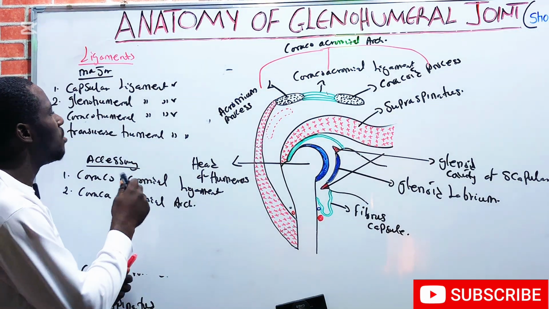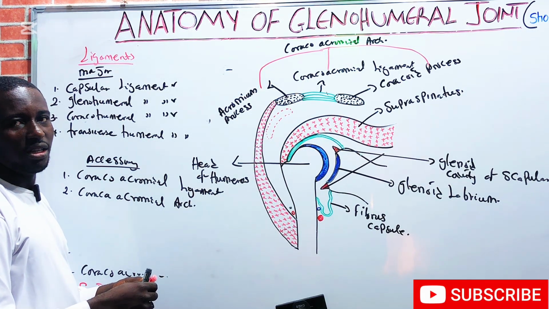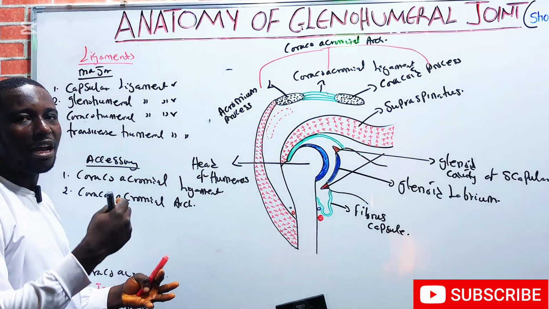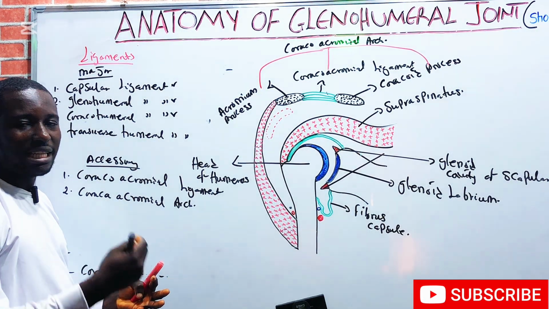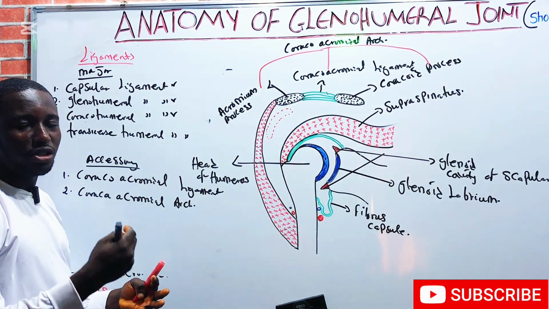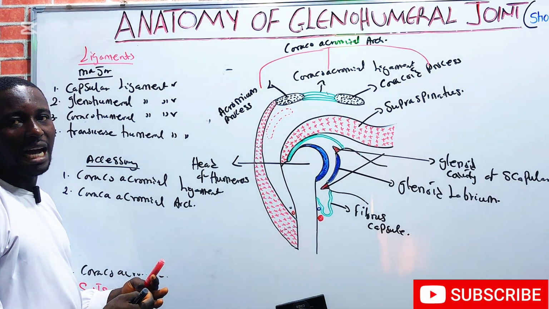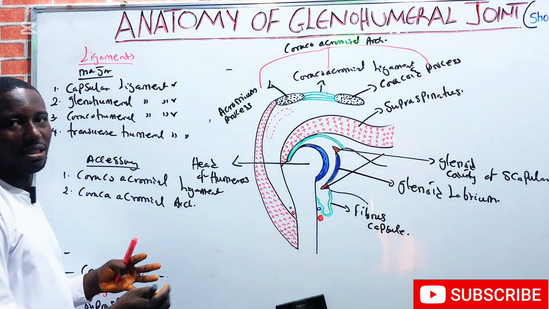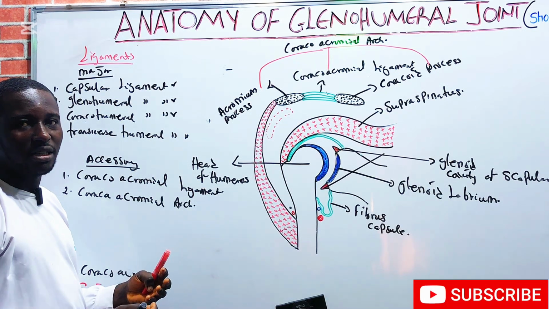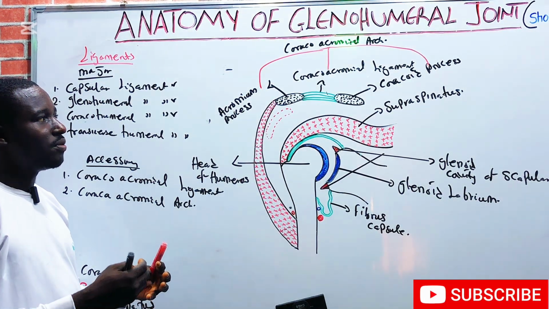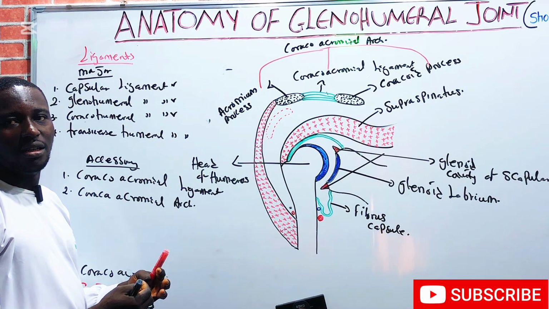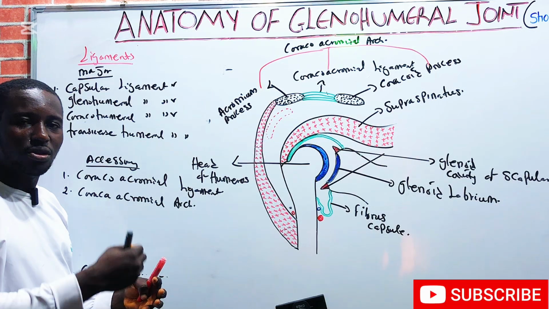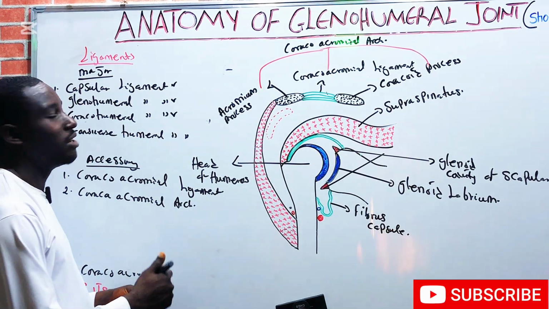The coracohumeral ligament is a strong fibrous band that passes along the base of the acromion process of the scapula and on the anterior aspect of the greater tubercle of the humerus. So that is all about the coracohumeral ligament.